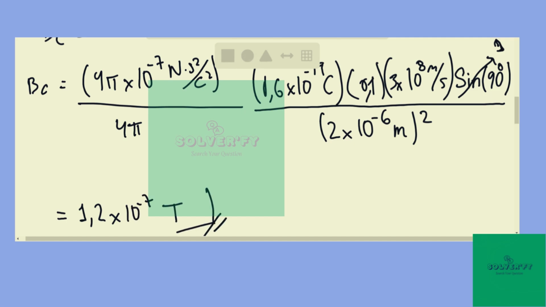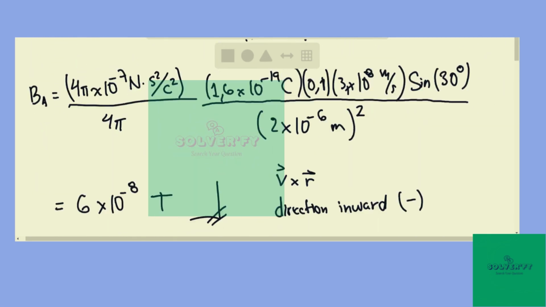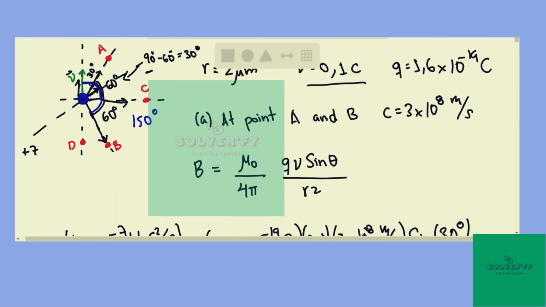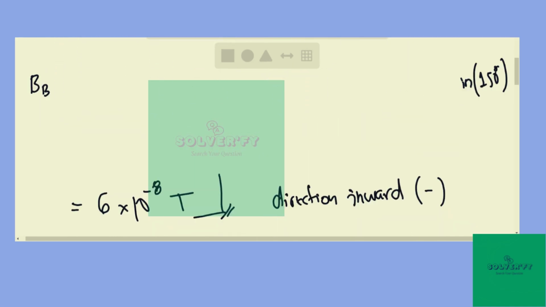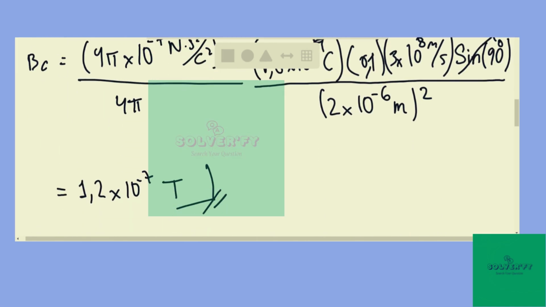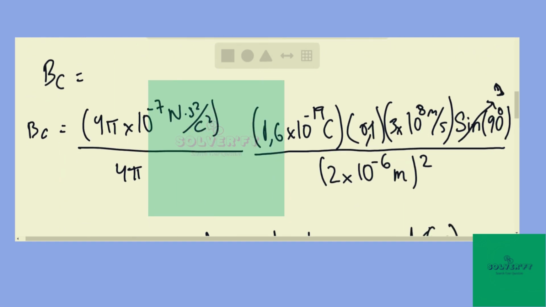And the direction, again, we put our hand in the velocity vector and go from there to the r vector, and again it gives us a vector inward. So the direction is inward, and if we set that as the negative, we obtain a negative.